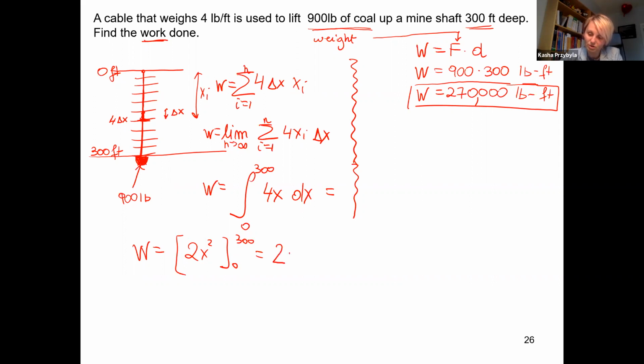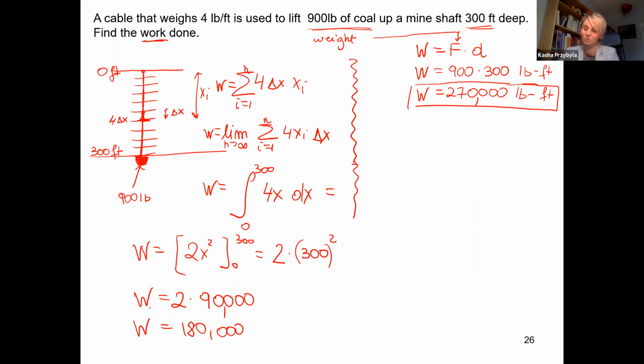This will be 2 times 300 squared, because 0 will give me 0. 300 squared is 9 with 4 zeros, because we double the zeros. 2 times 90,000 is 180,000. That's the work of the cable. We have to add together the totals: 2 and 1.